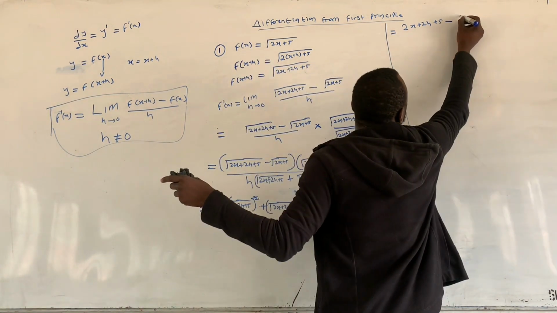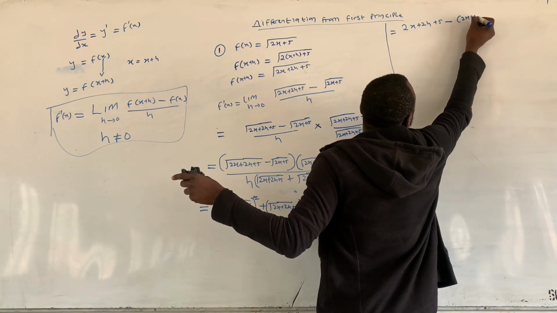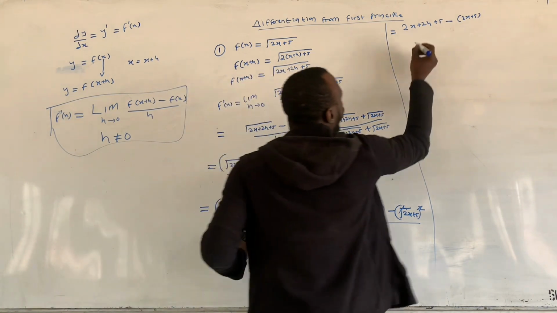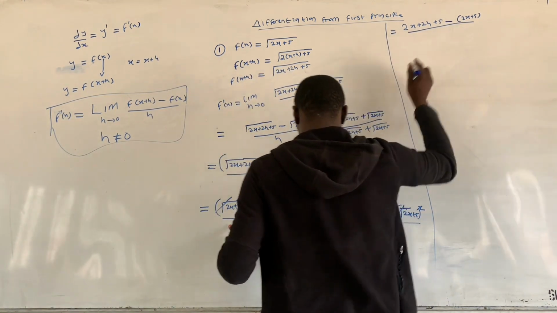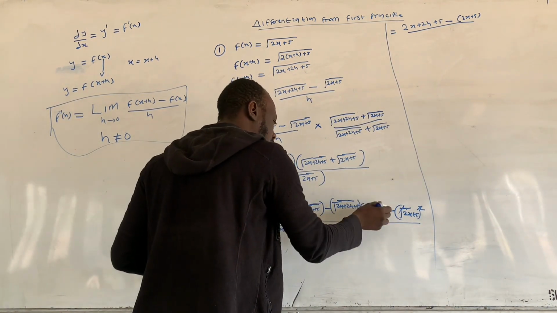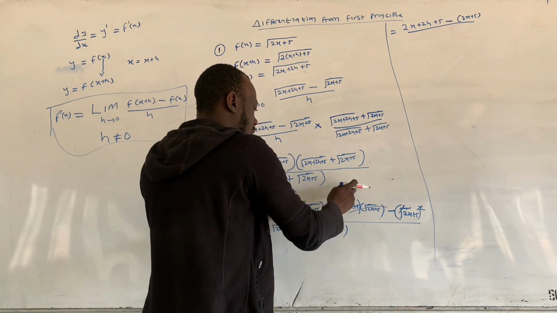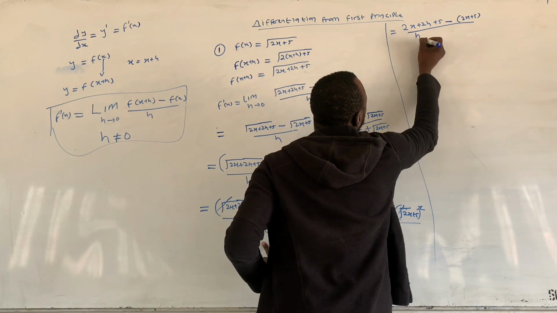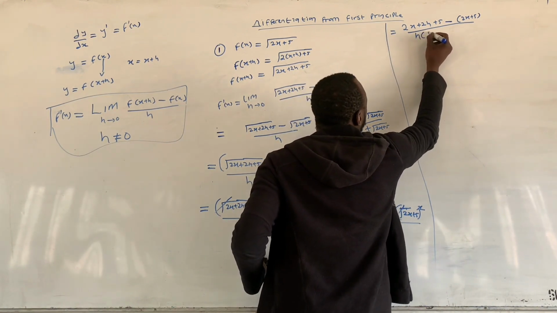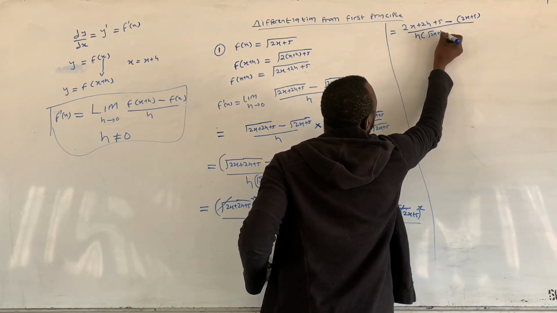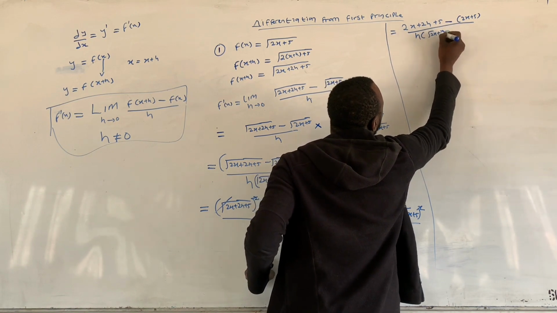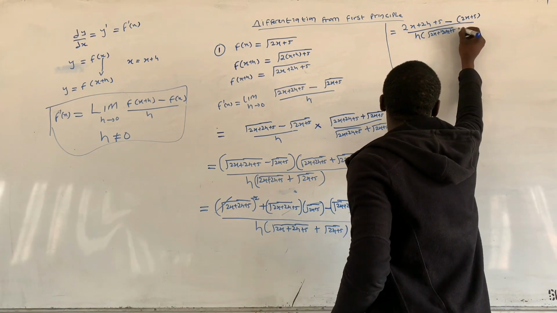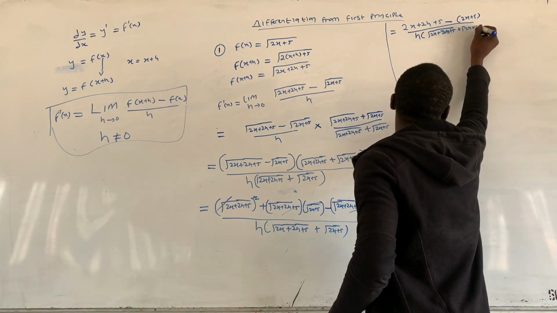The remaining one we have 2x plus 5 all over, remember, this will cancel out this because they are equal. They become 0. The remaining one we have h, bracket root 2x plus 2h plus 5 plus root 2x plus 5.